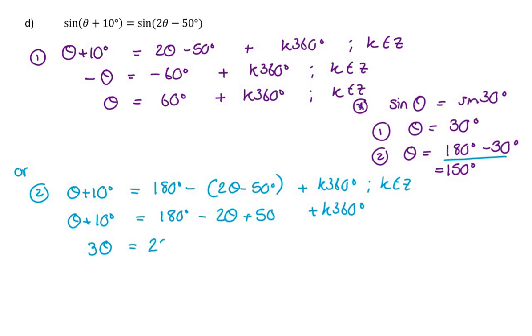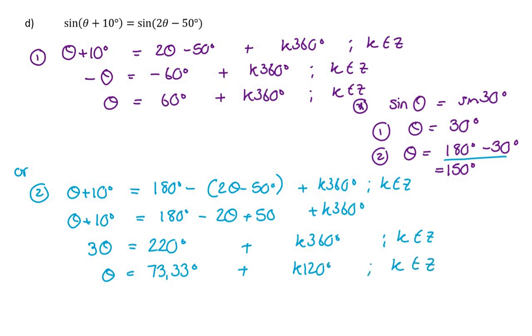Take away 10 is now 220 degrees, I hope, plus k360. And finally I divide by 3. So 220 divided by 3 is equal to 73.33 degrees. And this is now plus k120. So I don't think it's actually that much more difficult than cos. It's just instead of doing the minus version, you do 180 minus.